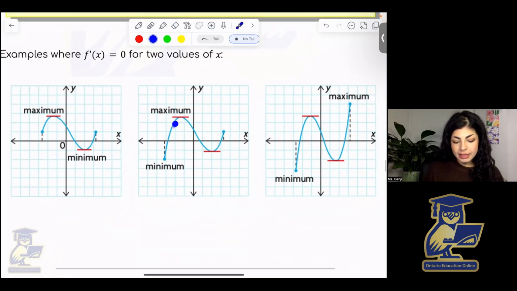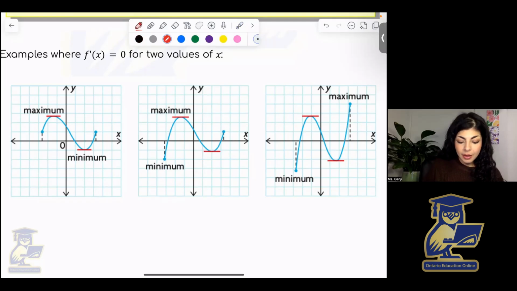However, in this example, you have a turning point here and a turning point here. Although this is our maximum relative to all the points here, our minimum is actually not this valley here, because your endpoint is lower than this minimum here.